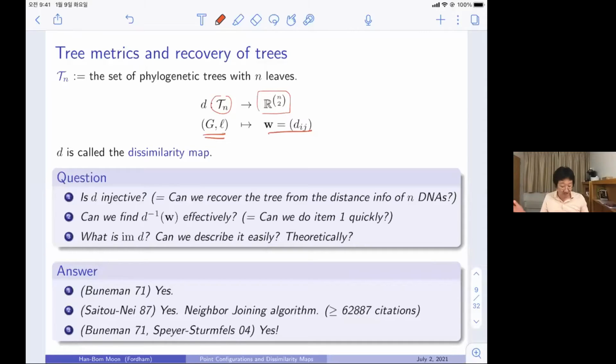All of the answers are yes. In 1971, Buneman described the image, and later I'm going to focus on this question. But David Speyer and Bernd Sturmfels, familiar names, answered that we can describe the image in a very effective way and theoretically. So that would be one of the main topics.